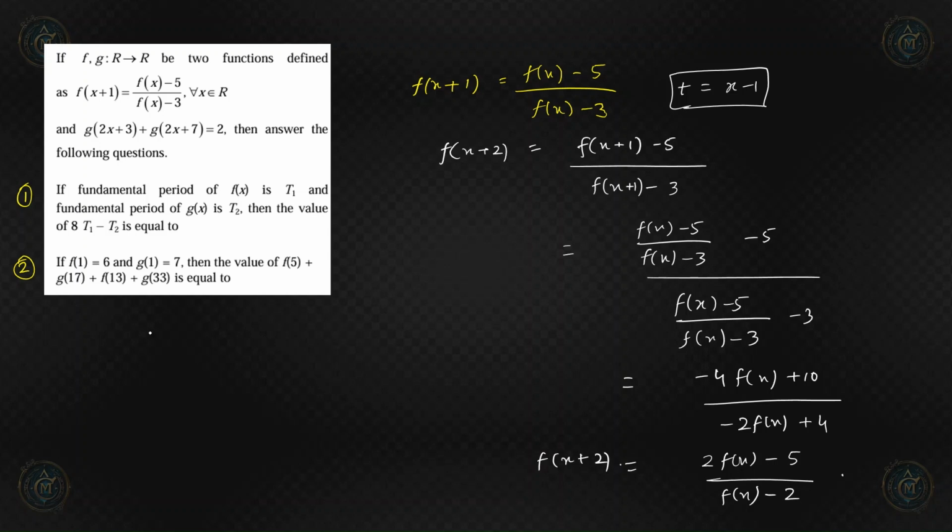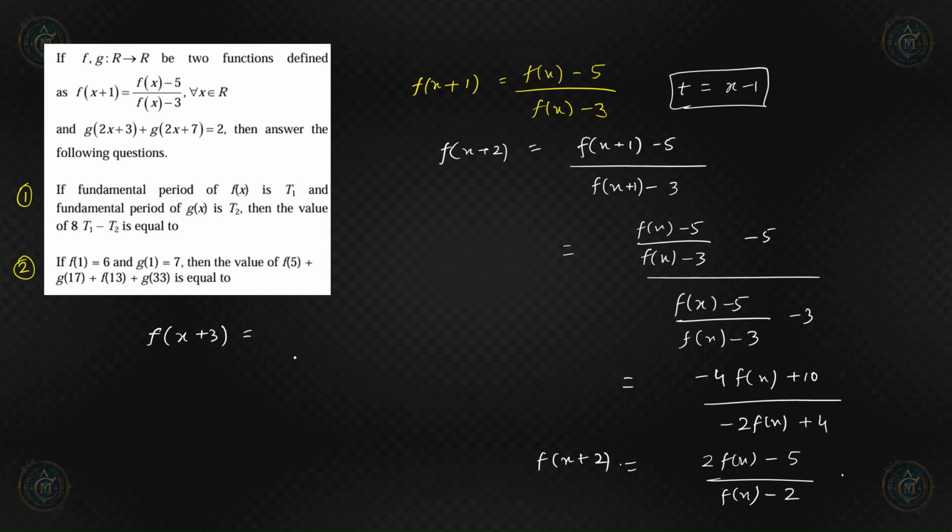Then if we try to find the next thing here, f of x plus 3. So we are trying to find something, let's say f of x plus t1, which is equal to f of x. Okay. So this t1 will be our fundamental period of this function f(x). So this will be our approach. Okay. To solve this question.